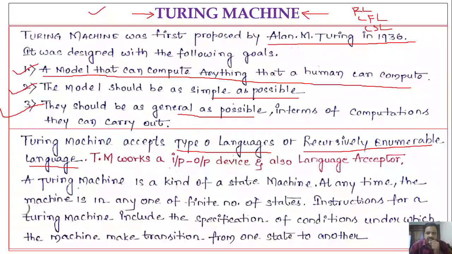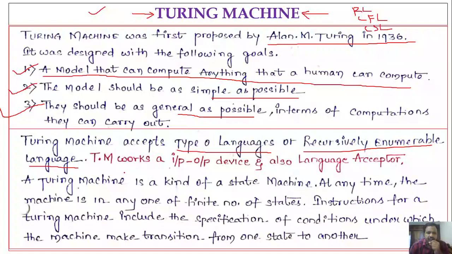These recursively enumerable languages are called type 0 languages. This came out of the Chomsky hierarchy. We already discussed what is meant by type 0 grammar, what is meant by type 0 language, and which automaton accepts those sets of languages.